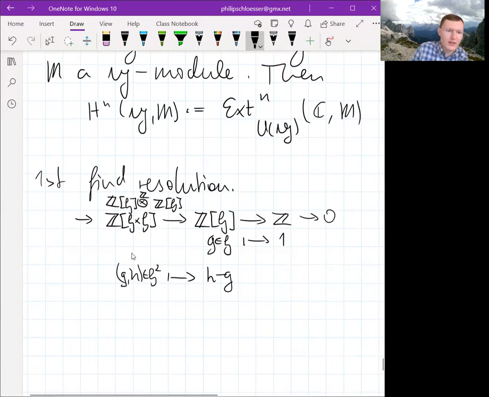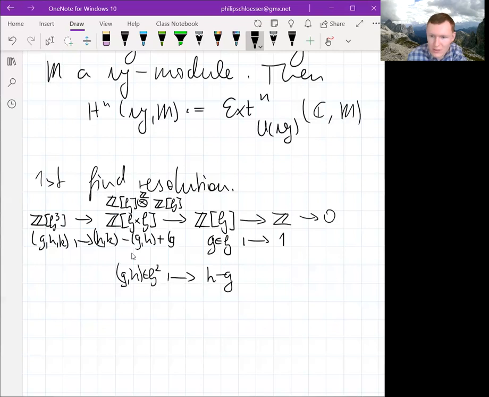And in a similar way, we can now take G cubed and do something similar. We take a triplet (g, h, k) and map it to hk minus, I think that should be gk here, plus gh.